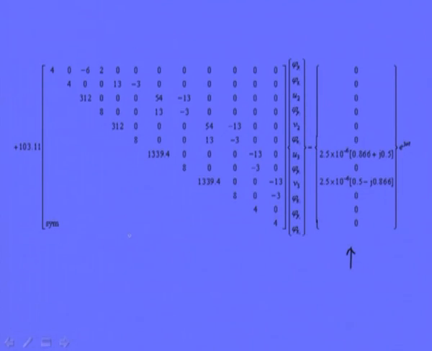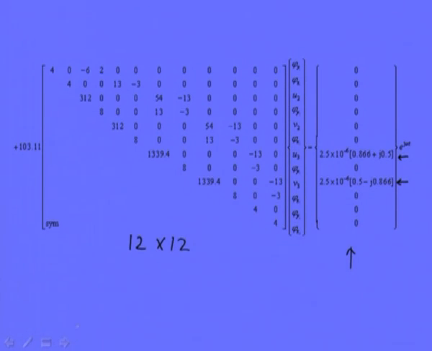The size of this matrix is 12 into 12. We have already eliminated those rows and columns which give us no contribution because they get multiplied by 0, and in this case you can see these forces are acting at node 3, both in the horizontal and vertical direction.